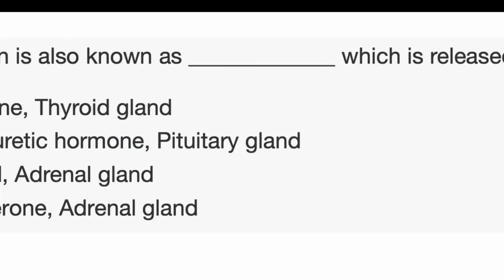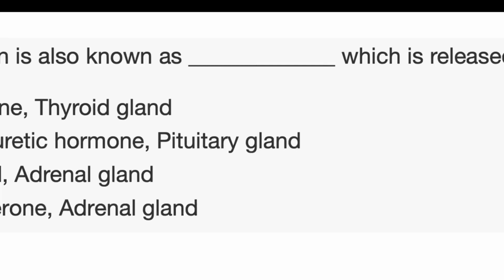Question number 4. Vasopressin is also known as dashed, which is released by dashed. This is a fill in the blanks question, 2 blanks to fill. Option A, thyroxine, thyroid gland.